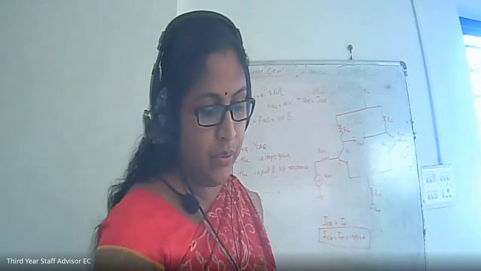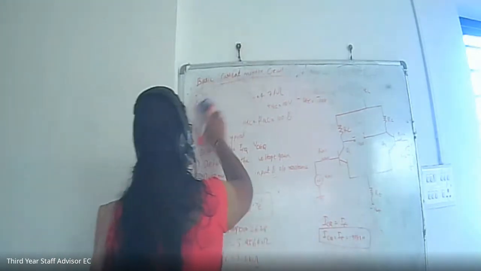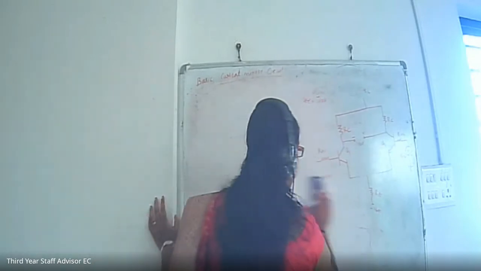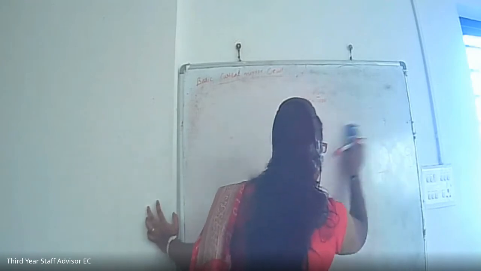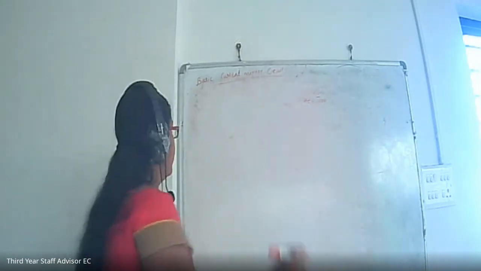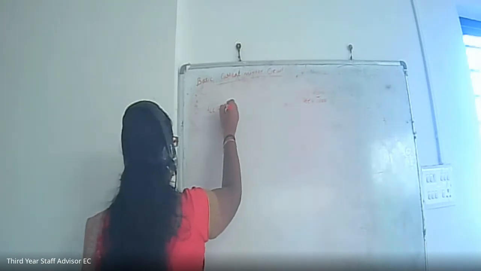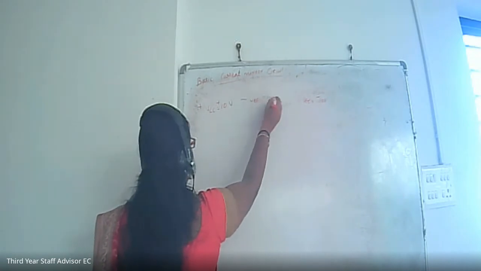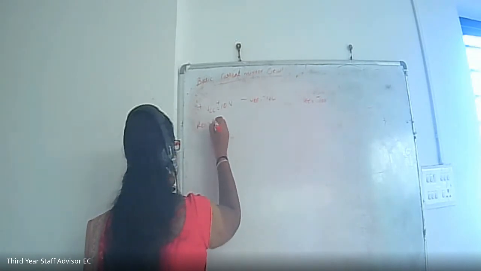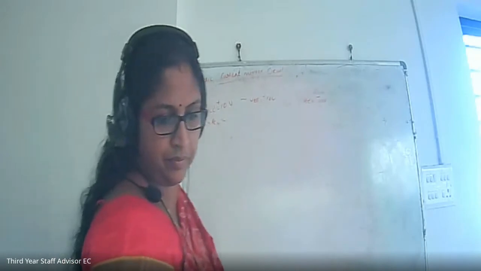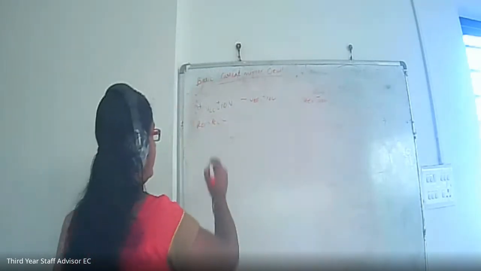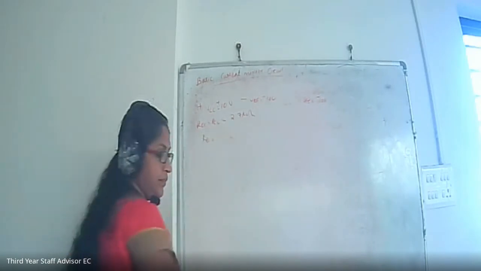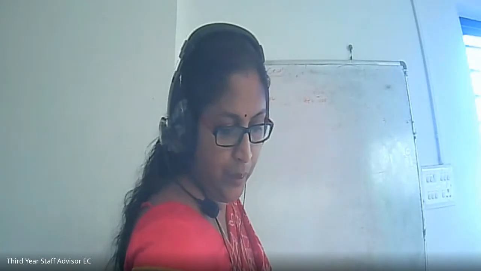RC1 equal to RC2 equal to 2.7 kilo ohm. RE equal to 3.9 kilo ohm.